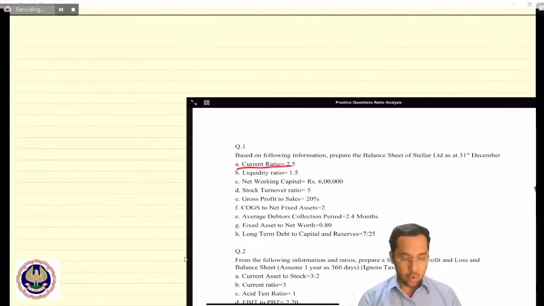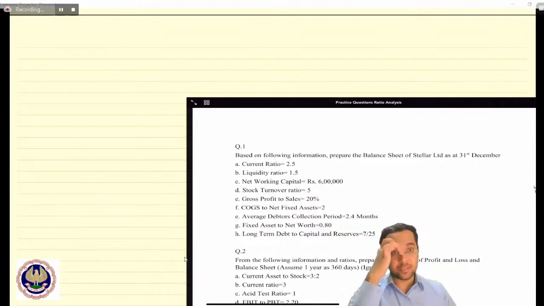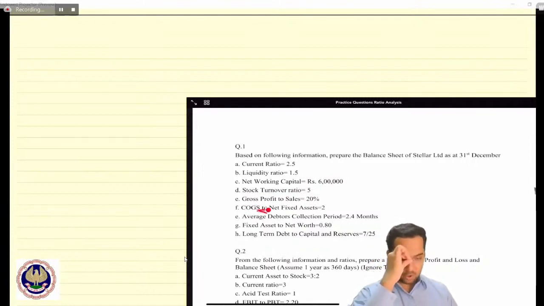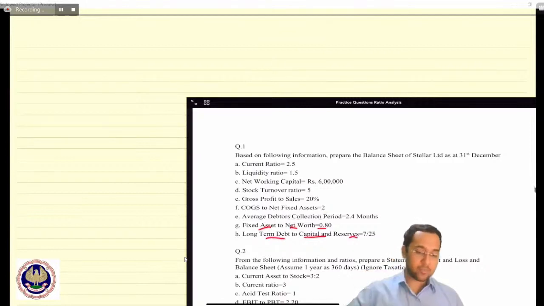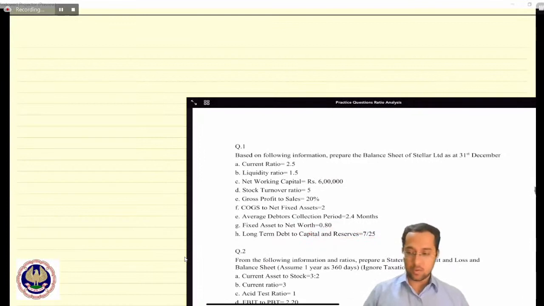Current ratio is 2.5, liquidity ratio is 1.5, net working capital is 6 lakh, stock turnover ratio is 5, gross profit to sales is 20%, COGS to net fixed asset ratio is 2, average debtors collection period is 2.4 months, fixed asset to net worth is 0.8, and long term debt to capital and reserves is 7 by 20. These are the ratios given, and we have to prepare a balance sheet.